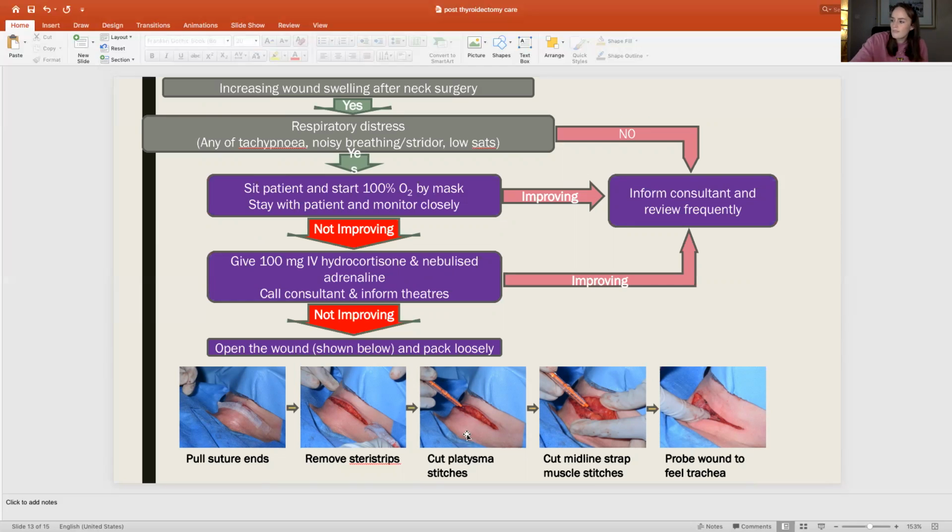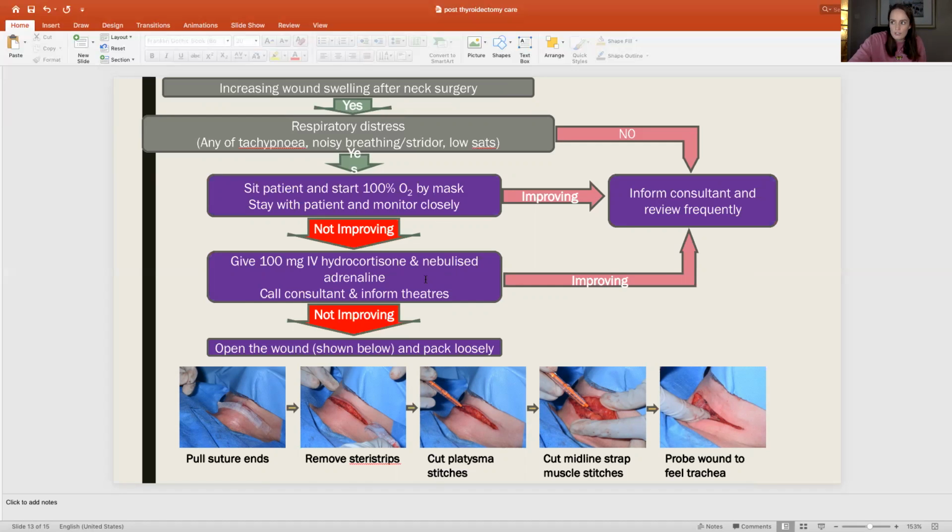This PowerPoint slide is from the British Association of Thyroid and Endocrine Surgeons. They talk about neck swelling, respiratory distress, giving oxygen, maybe giving hydrocortisone and nebulized adrenaline.